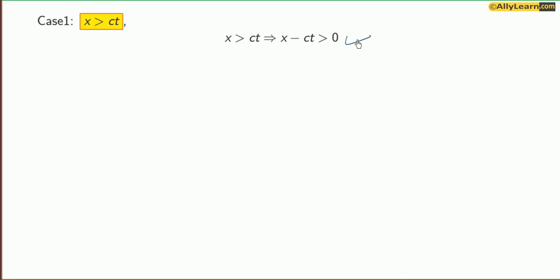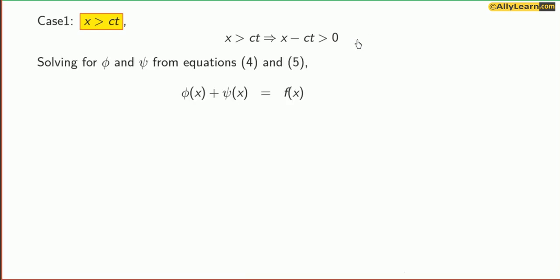So let's consider those equations that we obtained using initial displacement and initial velocity. So we solve phi and psi from these two equations. This first equation we obtained from initial displacement condition, and this second equation we obtained from initial velocity condition.